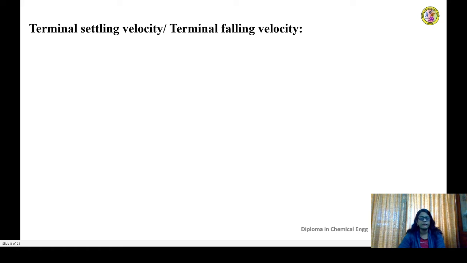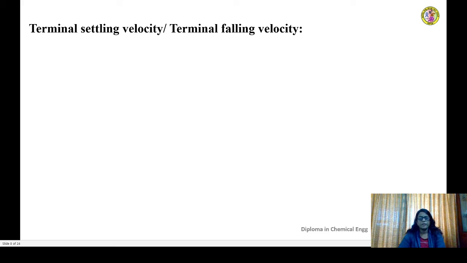It's not just the gravitational force that is acting on the particle. The gravitational force will make the particle move in the downward direction and settle to the bottom. At the same time, another force called drag force will be acting on the particle, which actually resists the settling of the particle.